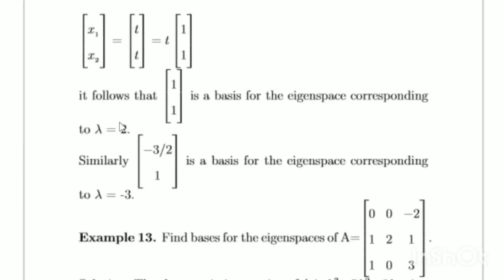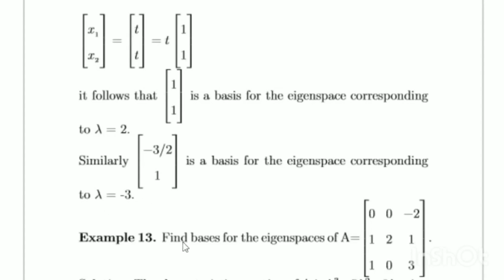If you substitute lambda equal to minus 3, you will get that minus 3 by 2, 1 is a basis for the eigenspace corresponding to lambda equal to minus 3. So you will get two eigenspaces, with bases for the solution spaces corresponding to lambda equal to 2 and lambda equal to minus 3.